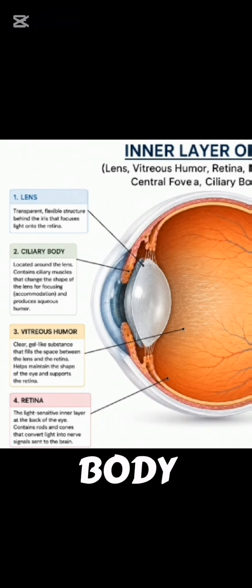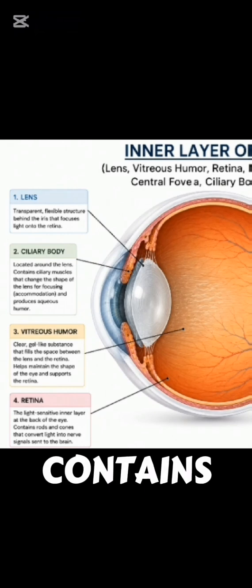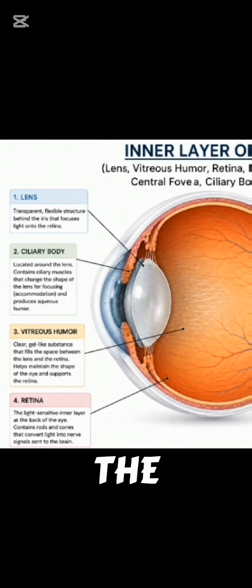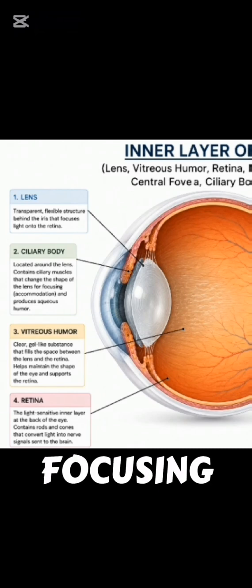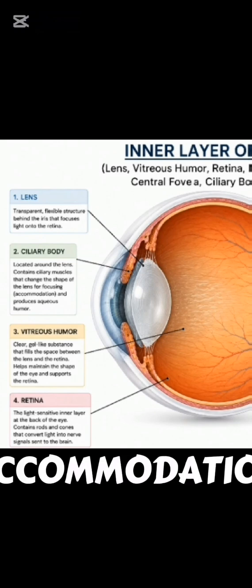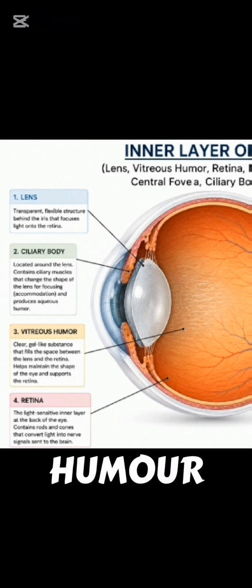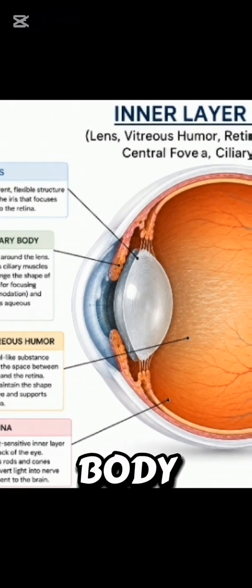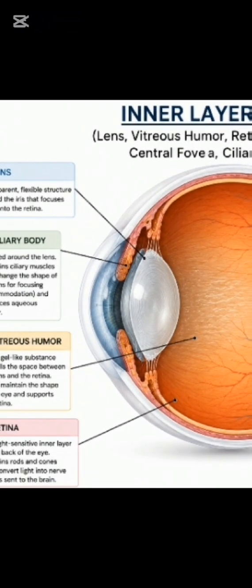The ciliary body is located around the lens. It contains ciliary muscles that change the shape of the lens for focusing, that is for accommodation, and it produces aqueous humor.